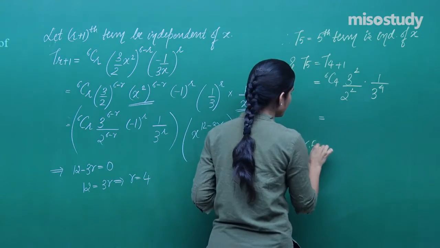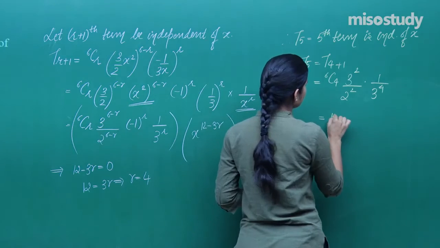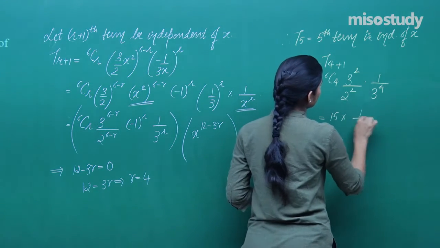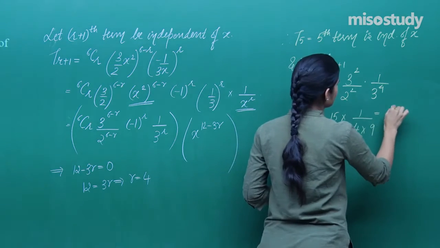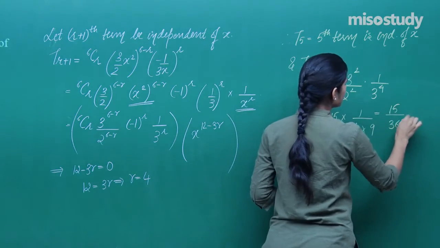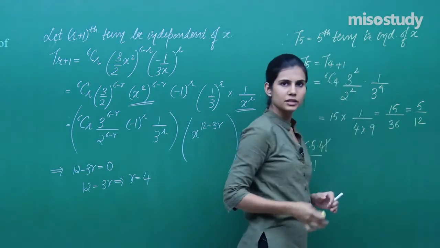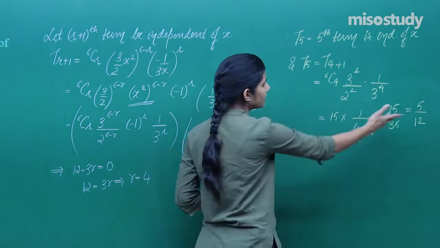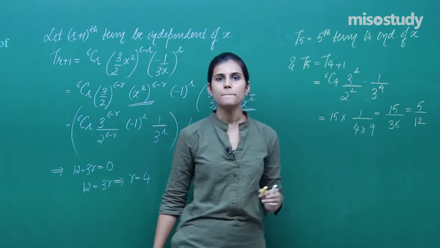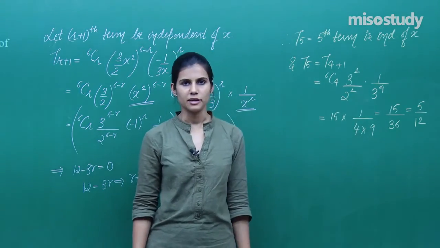This is 6 into 5 into 4 factorial. This cancels out. 30 upon 2 is 15, into 1 upon 2 square is 4 and 3 square is 9. So it is 15 upon 36, 5 upon 12. 5 upon 12 is the very fifth term in this expansion, and clearly you can see it is not having any positive power of x sitting with itself.